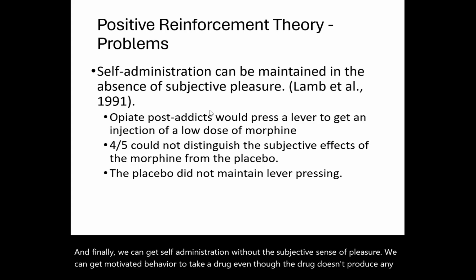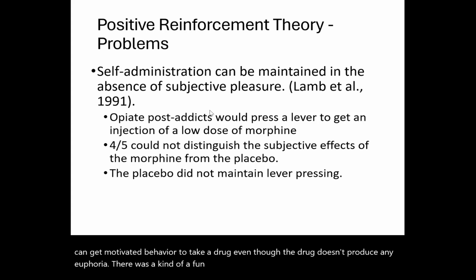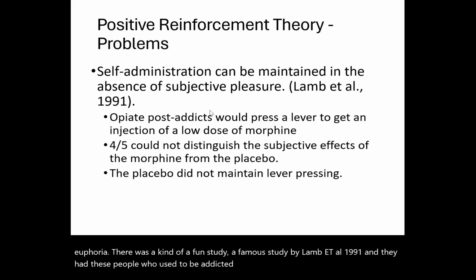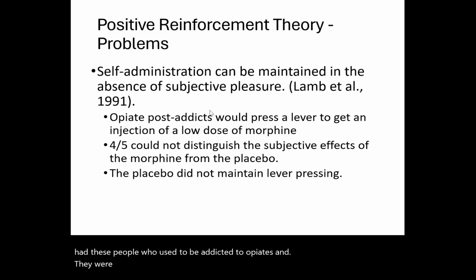There was a kind of a fun study, a famous study by Lamb et al., 1991. And they had these people who used to be addicted to opiates, and they were given an opportunity to press a lever to get some morphine. The morphine was so tiny, so small an amount that they couldn't determine whether it was the morphine or something else.